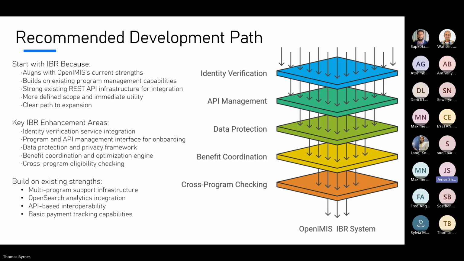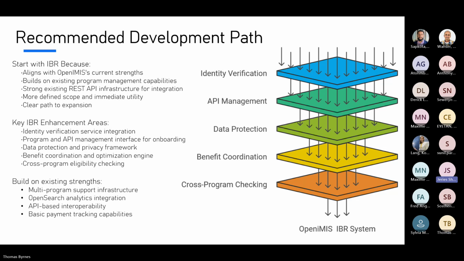One of the major issues with social protection systems is the absence of proper data protection modules. So the introduction of a data protection module for data privacy is a very important element to add to the IBR.